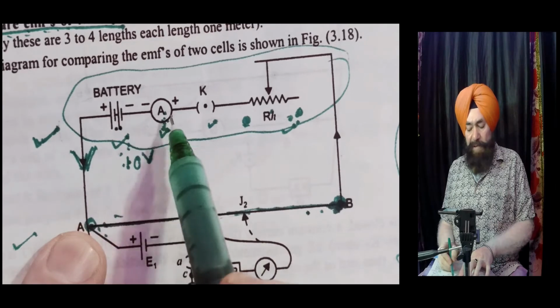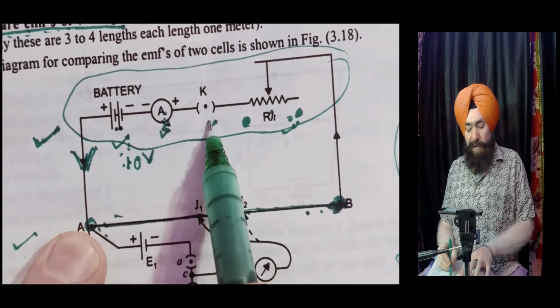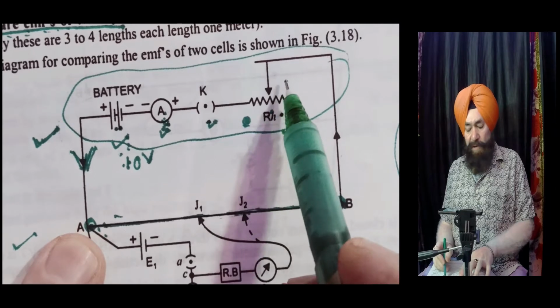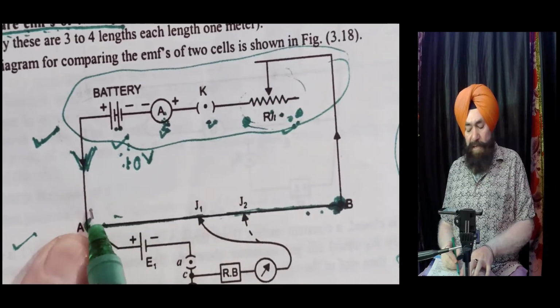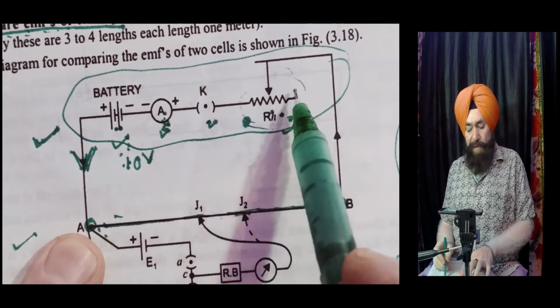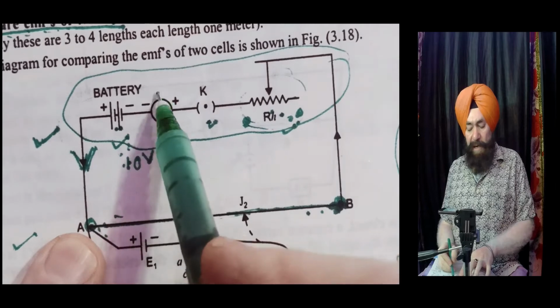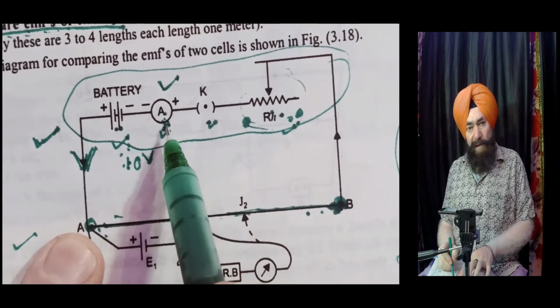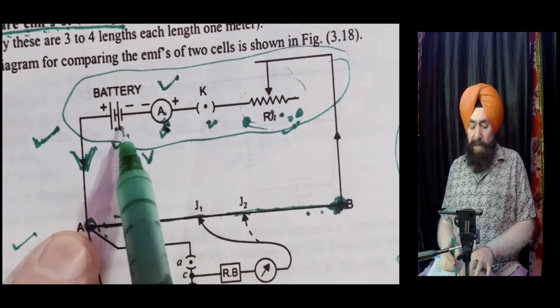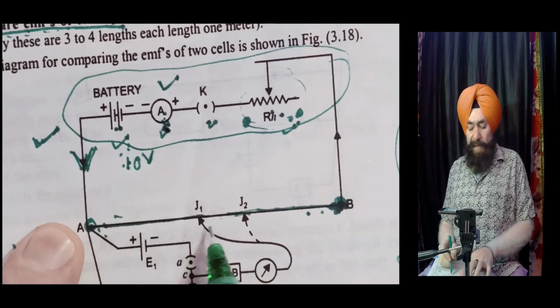A battery, ammeter, on-off key, and rheostat. What is the function of the rheostat? To adjust the current which is given to the potentiometer wire. We can adjust the current, and the current can be read with the help of the ammeter. So this battery sends the current.